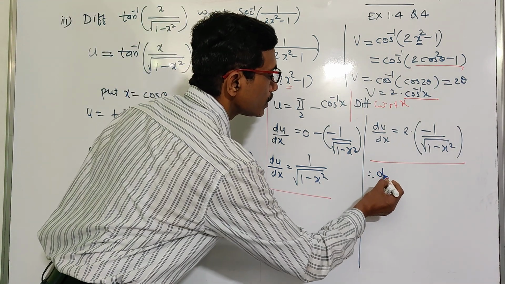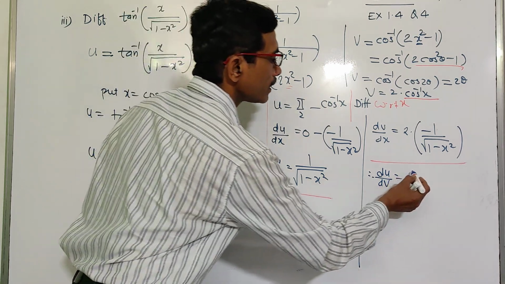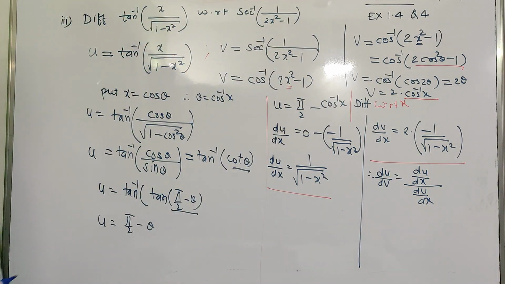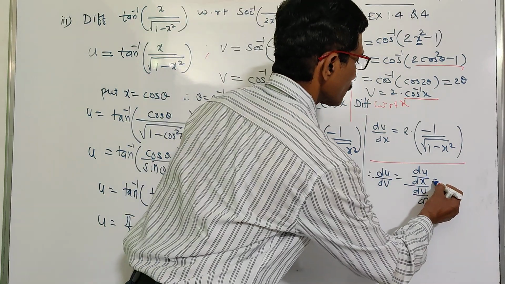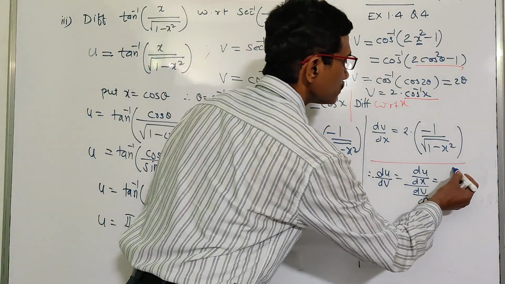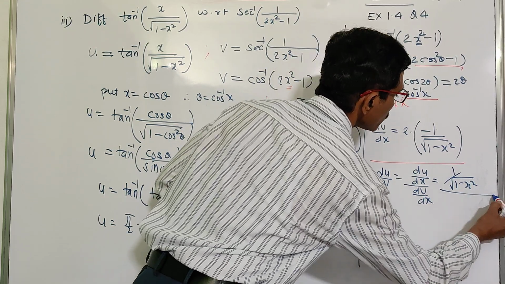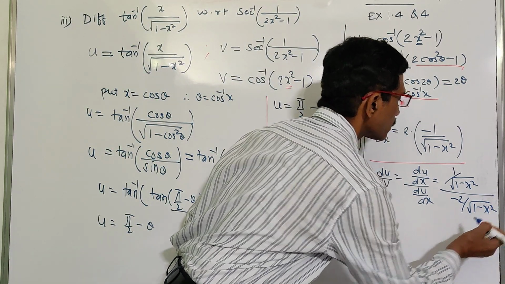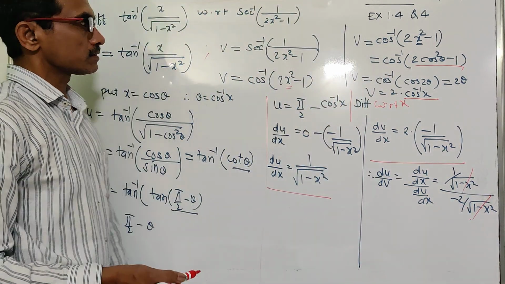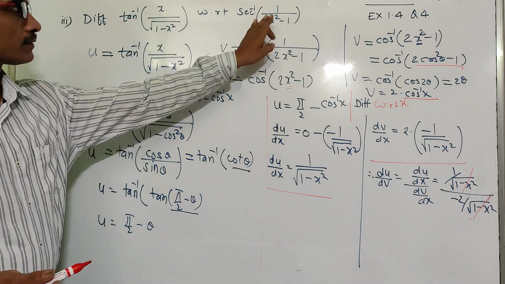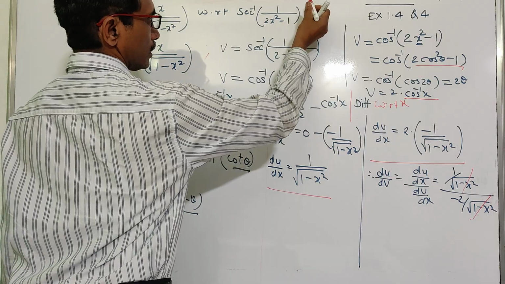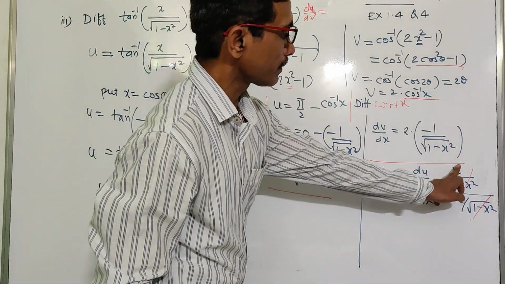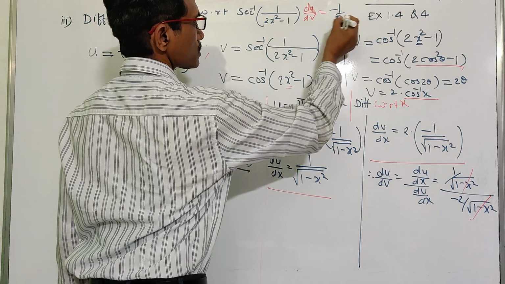So the required derivative du by dv is equal to du by dx upon dv by dx. du by dx is 1 upon root of 1 minus x square, dv by dx is minus 2 upon root of 1 minus x square, so the root of 1 minus x square gets cancelled, and you get the derivative of this function with respect to this function, that is du by dv, is equal to minus 1 upon 2.